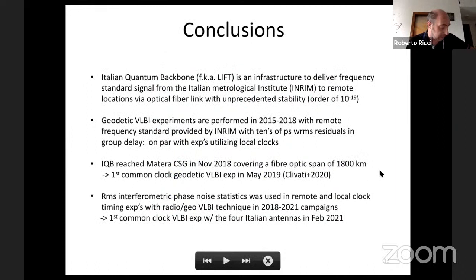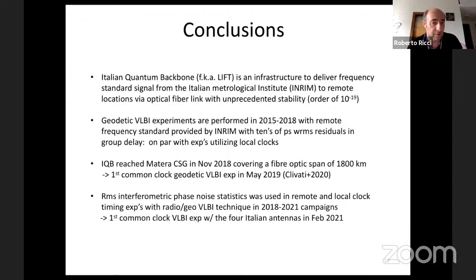So my conclusions: the Italian quantum backbone, formerly known as LIFT, is an infrastructure that is able to deliver frequency reference signal from the Italian Metrological Institute, INRIM, to a remote location for radio astronomy, but not only, with an unprecedented stability of the order of 10 to the minus 15 in terms of the Allan standard deviation.